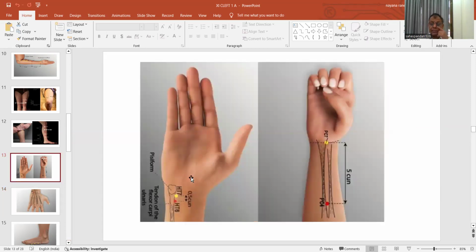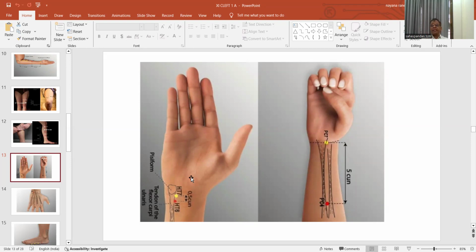And heart 6 is indicated for sudden, acute, and unbearable heart pain because of heart blood stasis, and for bleeding disorders because of excessive heat agitating the blood.